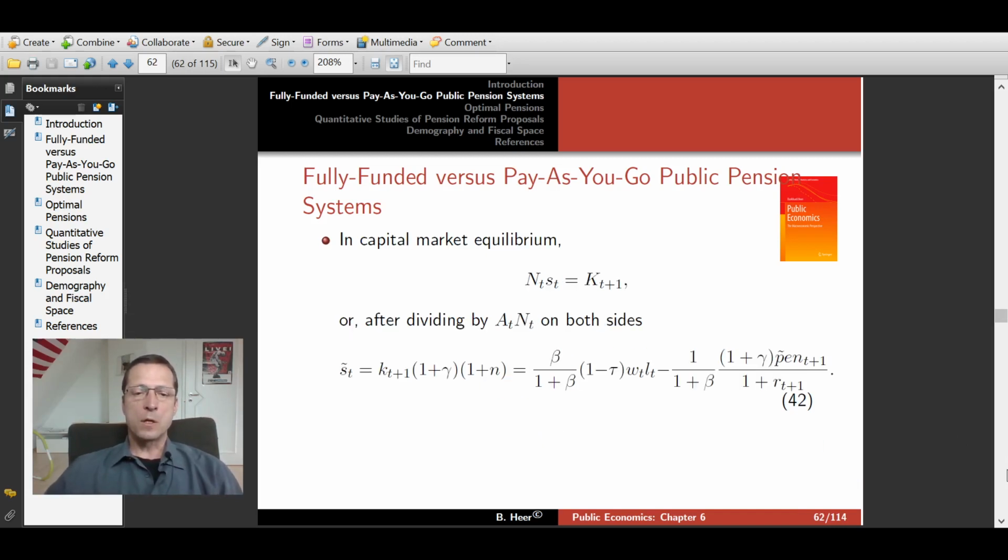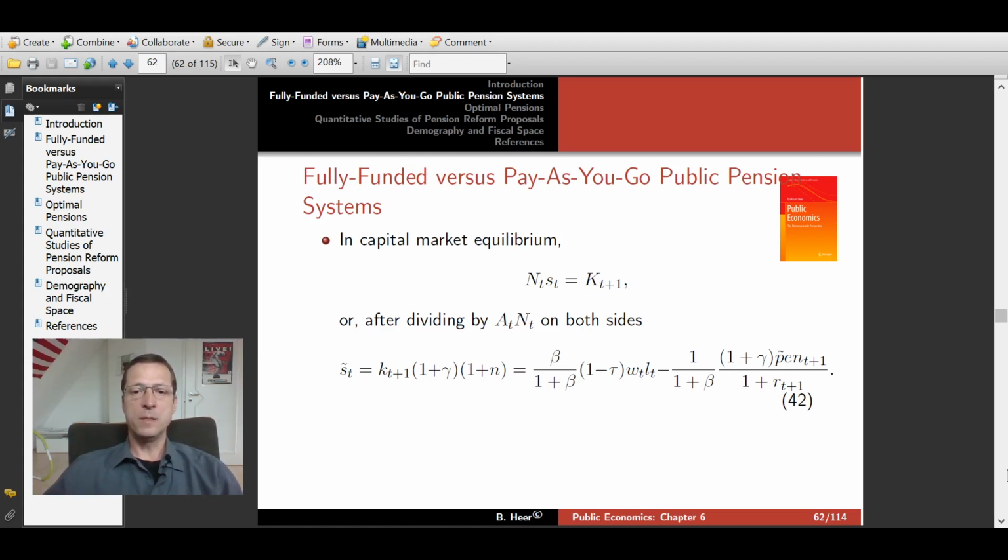To close the model, we look at the capital market equilibrium, where aggregate savings at the end of period t, N_t s_t, are equal to the beginning of next period capital stock K_t+1. By transforming this capital market equilibrium condition into stationary values by dividing by A_t N_t, we derive equation 42, our capital market equilibrium condition in stationary variables.